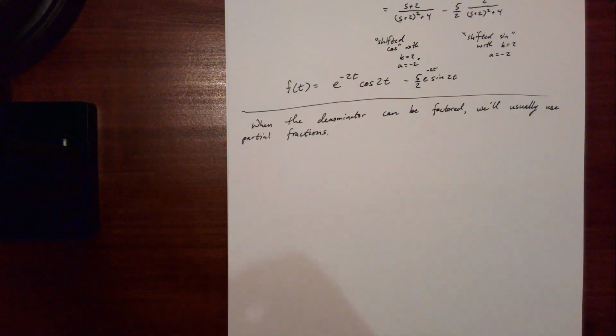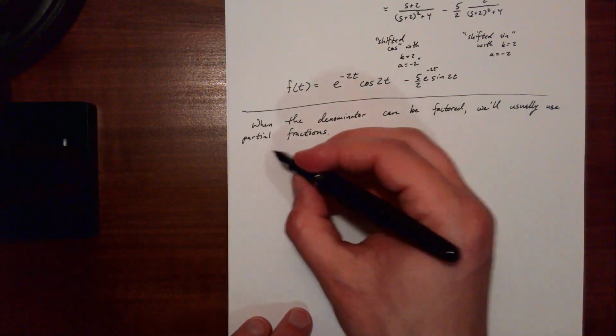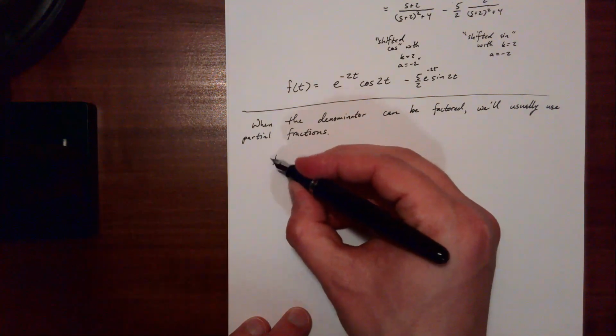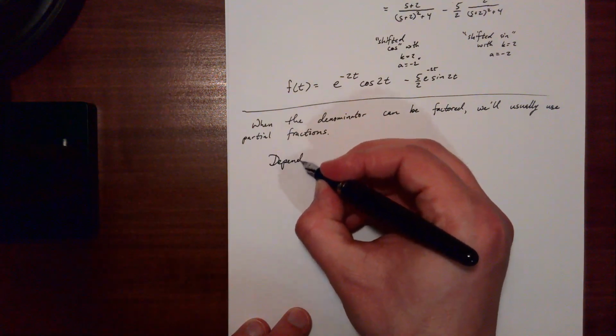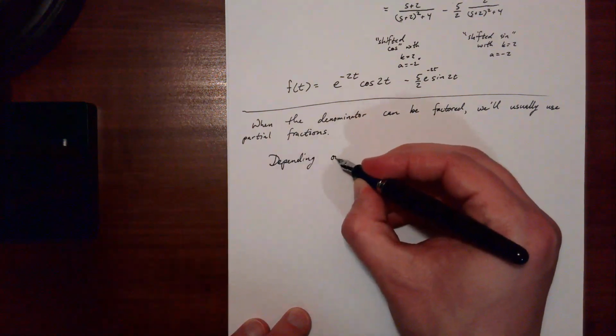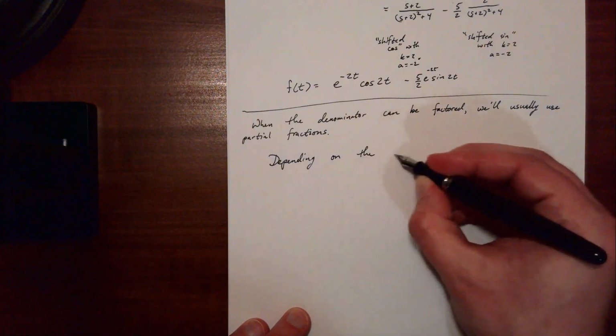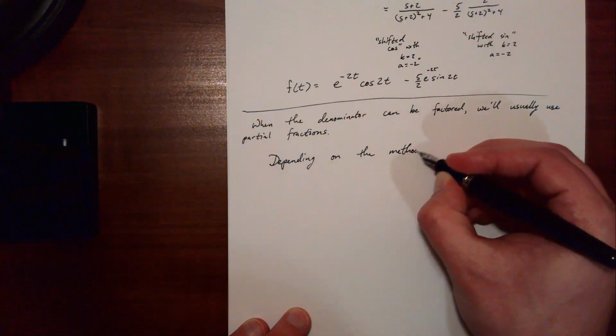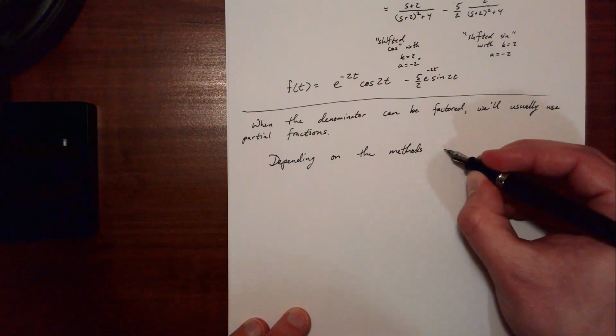Now, what this means, though, is that sometimes you do have a choice when you are doing your Laplace transforms, and your answers may look different depending on the methods you use.